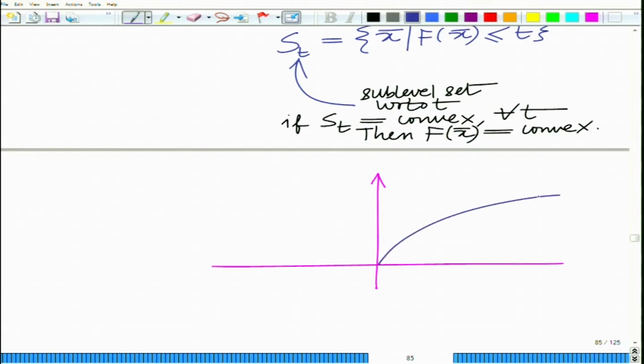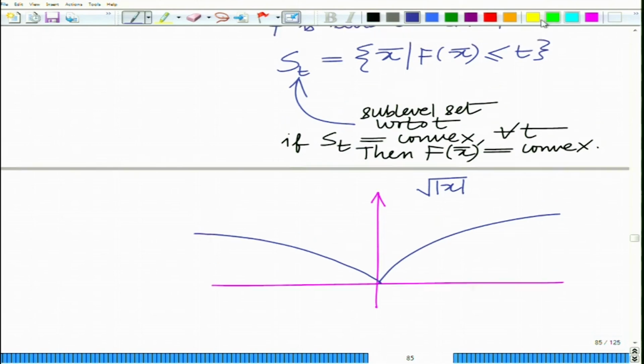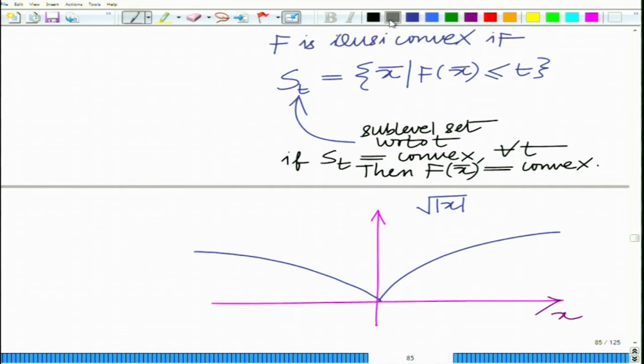Now, if you look at square root of magnitude of x. You can clearly see this is not convex, correct, because if you take 2 points and join them, join the chord, the function lies, part of it lies above, part of it lies below. So, it is neither convex nor concave.